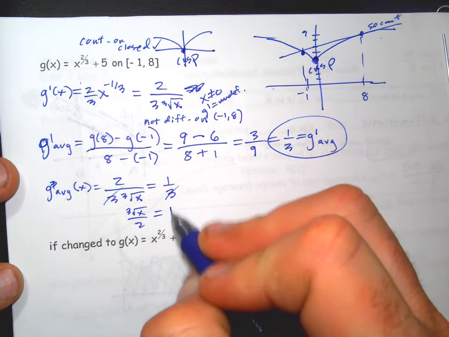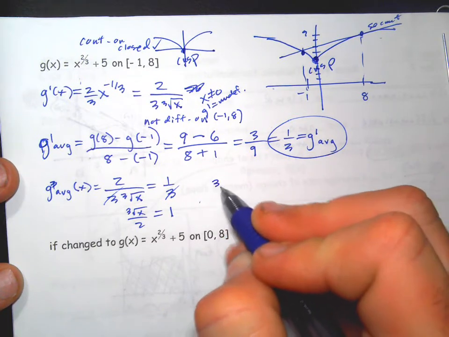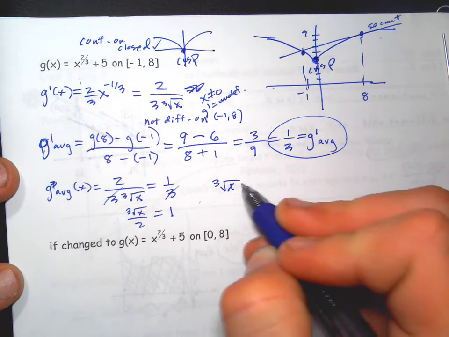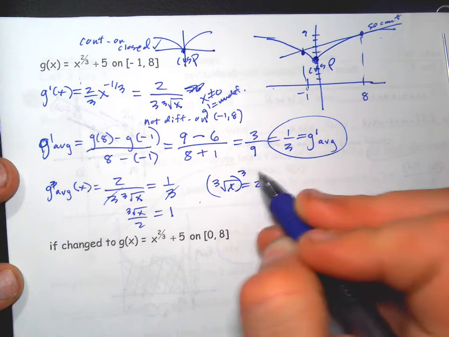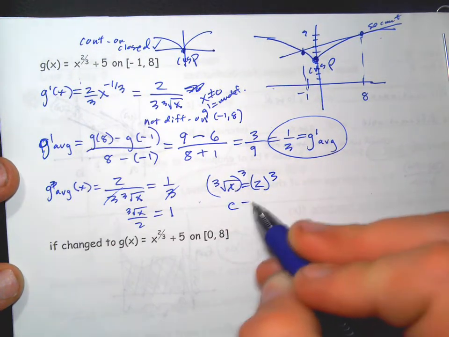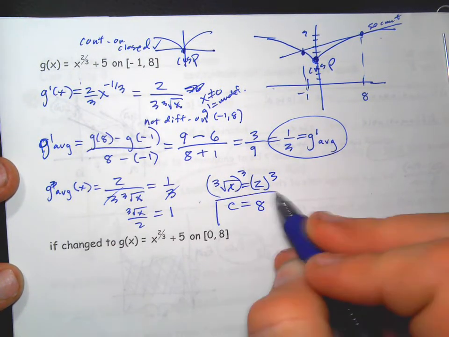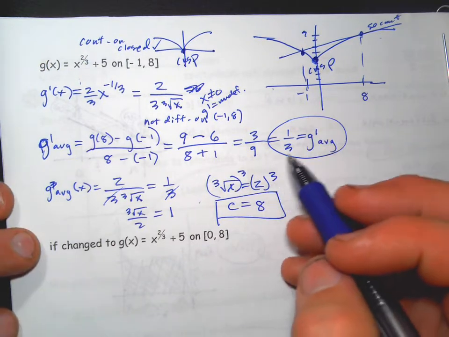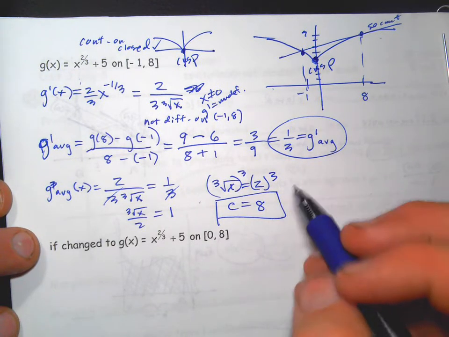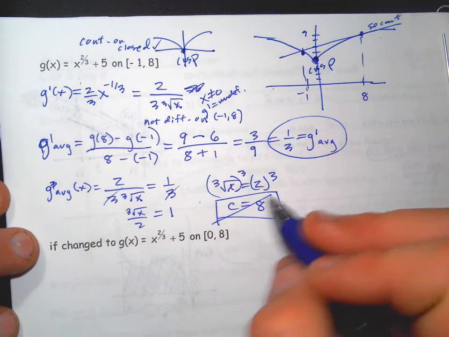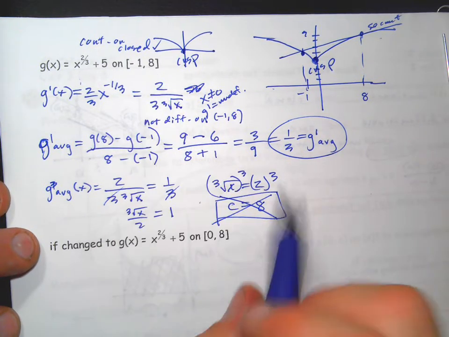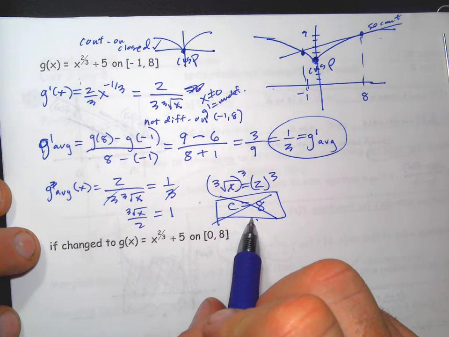We could multiply by 2, we could then cube both sides, and then we could get a value c equals 8. And you might think, oh, that's fine. Look, we got one. Now, there's a couple issues with this. One, it's just not true. Two, it's on the edge, so we would throw it out anyways.